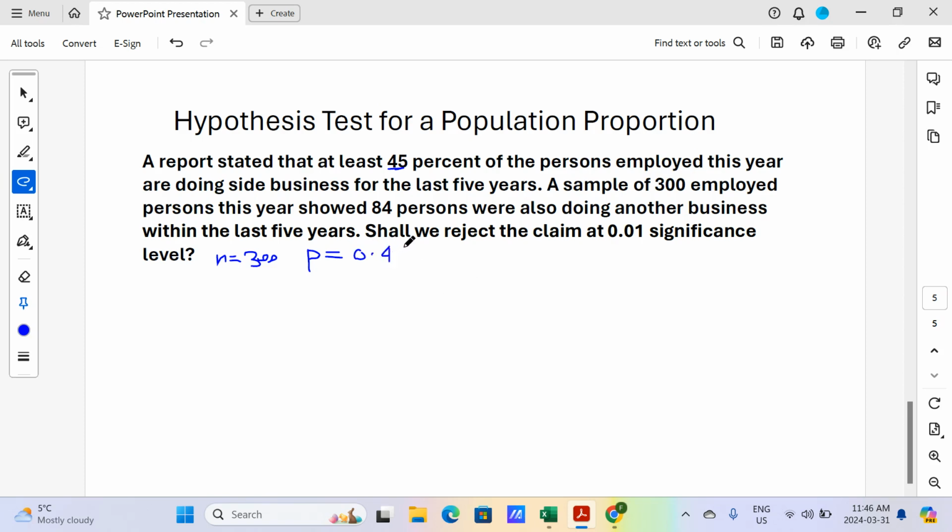It's the population proportion, P. I need to check if n times p is equal to or more than 5, and also n times 1 minus p. If I multiply 300 by 0.45, we get 135.